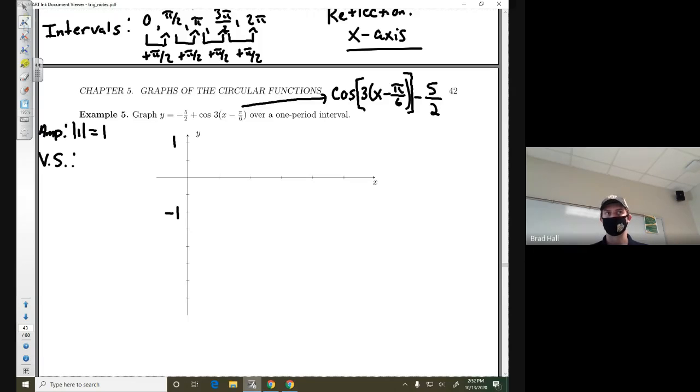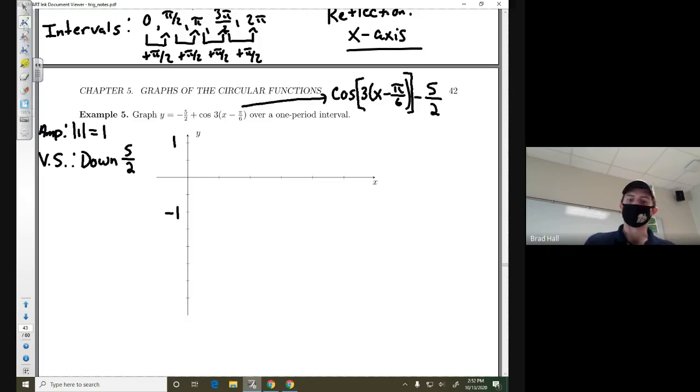What is the vertical shift? Courtney? It's 5/2 down. It's down 5/2. Because you are subtracting 5/2. They're just trying to throw you off by making it a fraction. But you're going down 5/2 because we are subtracting 5/2 from the function as a whole.